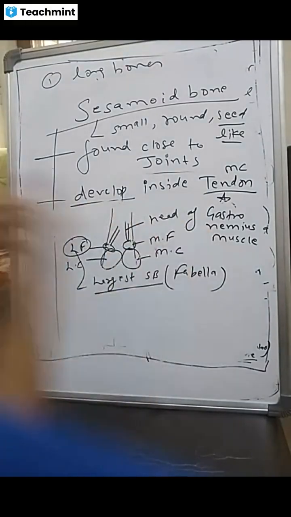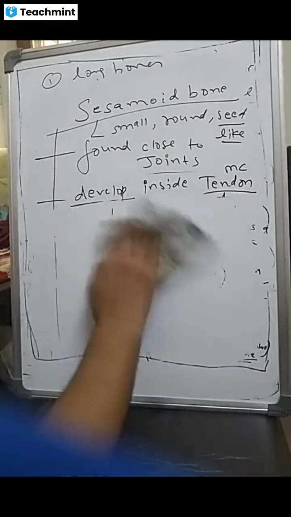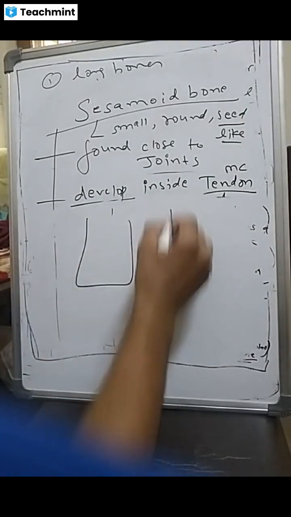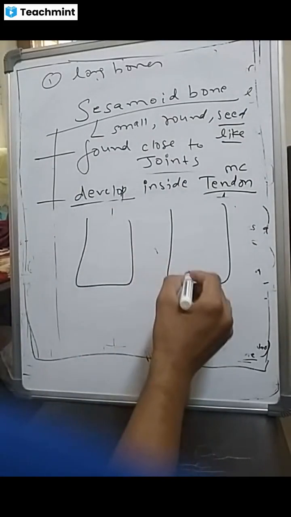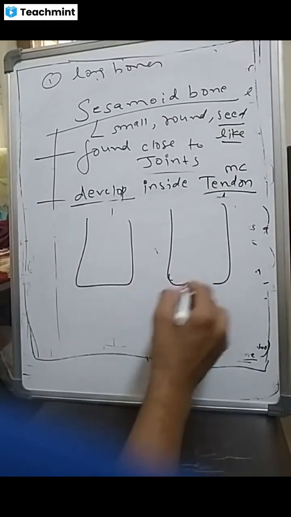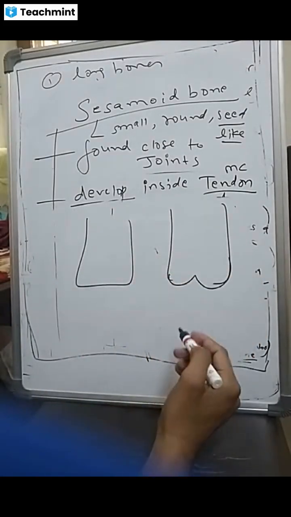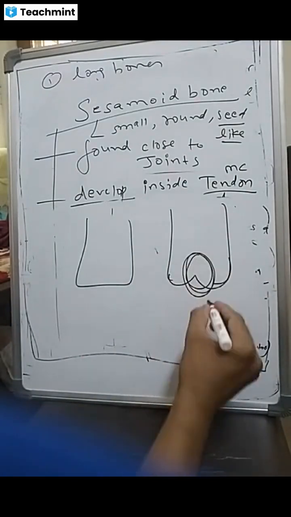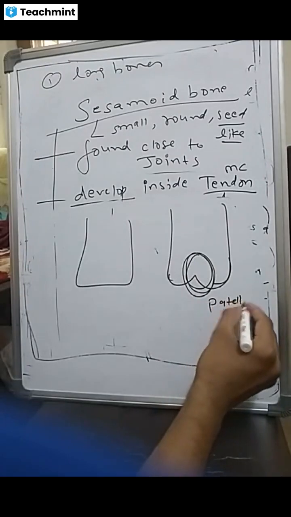If you look at the front, this is back, this is front. At the front we have the trochlea, a pulley-like structure, and over the trochlea we have the patella.